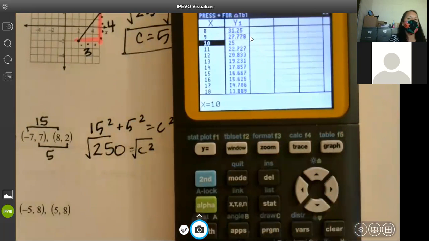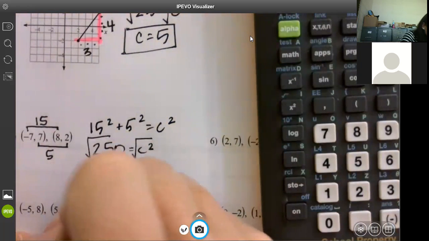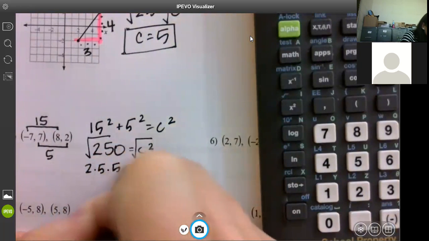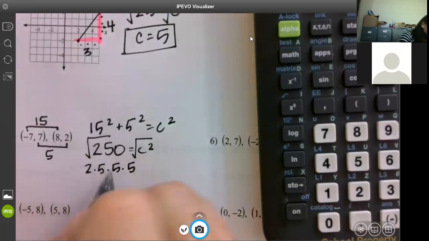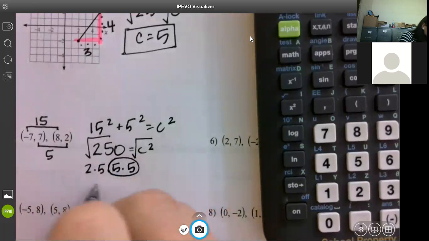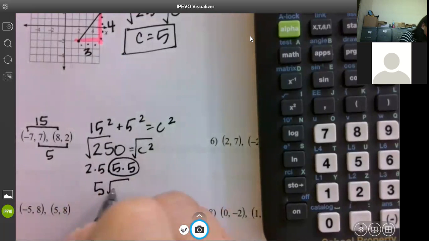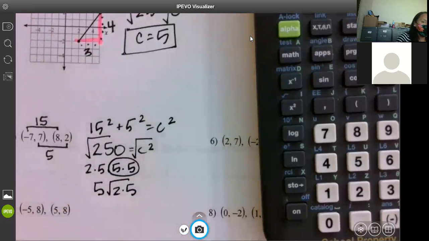Oh, there's a good one. 10 and 25. We know those factors, right? What are your factors of 10 and 25? 2 and 5. 25 is 5 and 5. Do we see pairs? Yes, we see a pair of 5. The 5 comes out, and we are left with 2 times 5. What is 2 times 5?